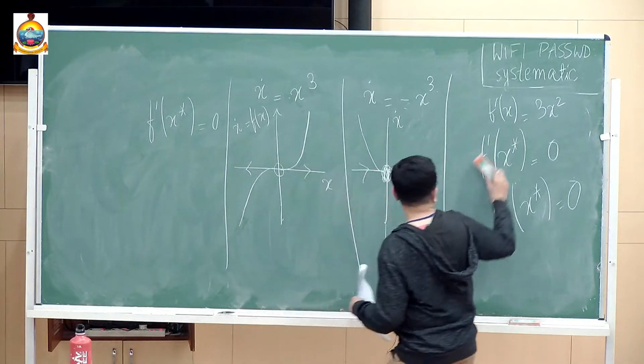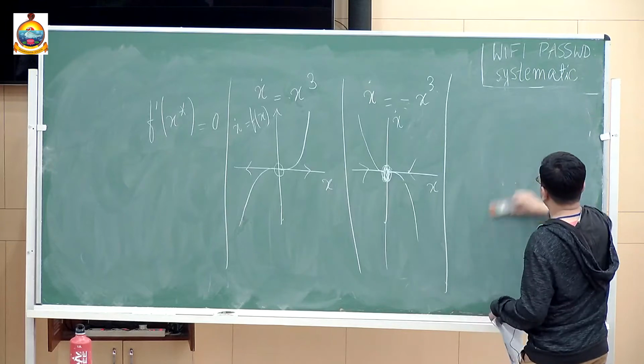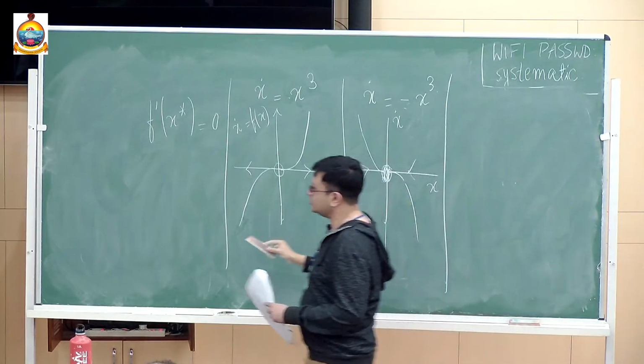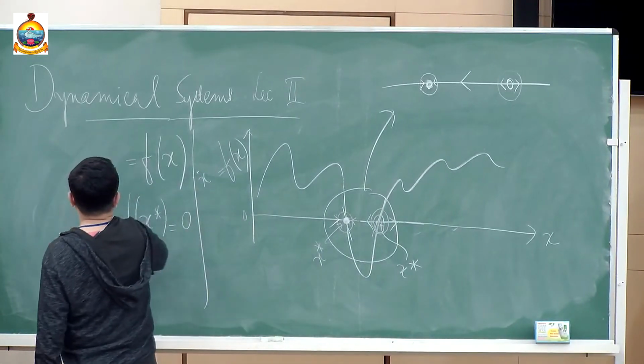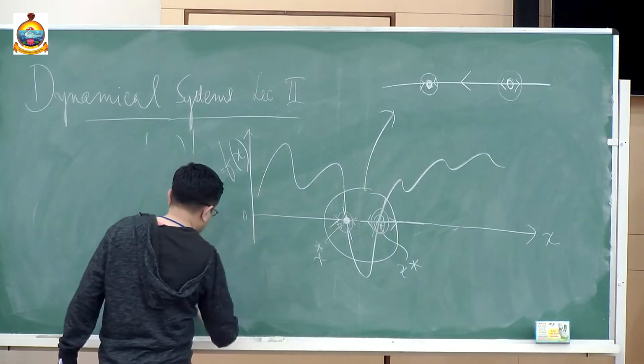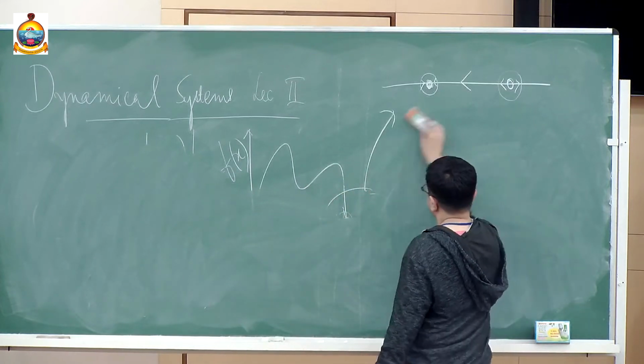Let me show two other examples where what you get is a half stable fixed point, and we will show how those half stable fixed points arise from dynamics, from what kind of dynamics gives rise to them.